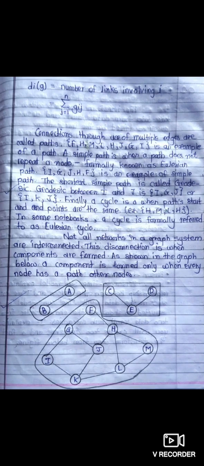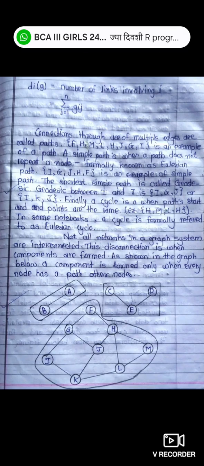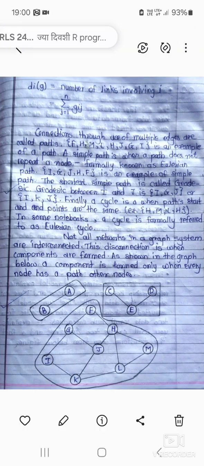Finally, a cycle is when a path's start and end points are the same, like HMLH. Here is HMLH. It starts from H and ends with H. It is called a cycle.